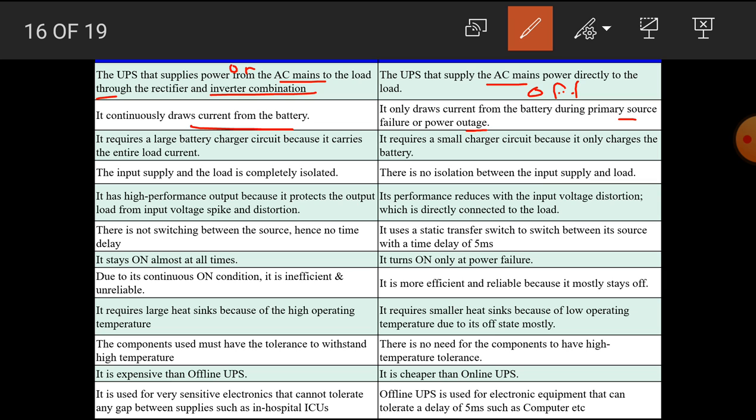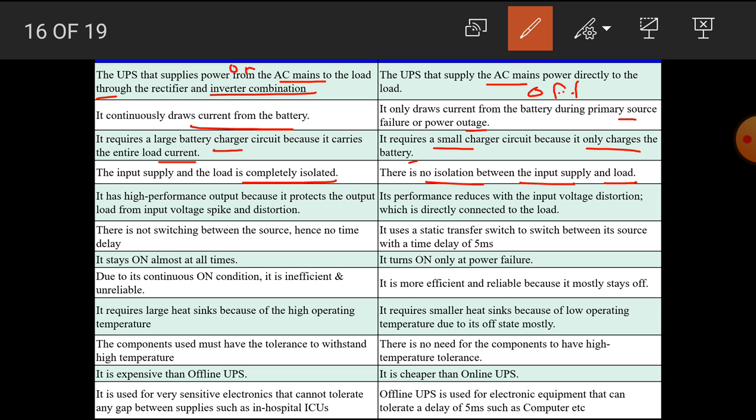The online UPS requires a large battery charger circuit because it carries the entire load current. In offline UPS, it requires a small charger circuit because it only charges the battery. In online UPS, the input supply and the load are completely isolated, while in offline UPS there is no isolation between input supply and the load.